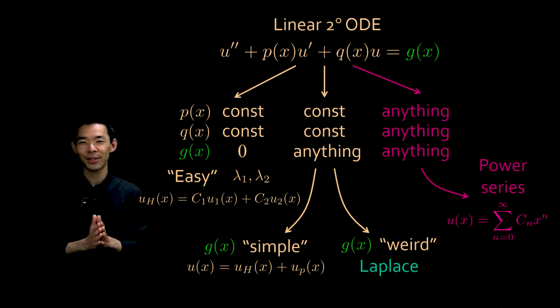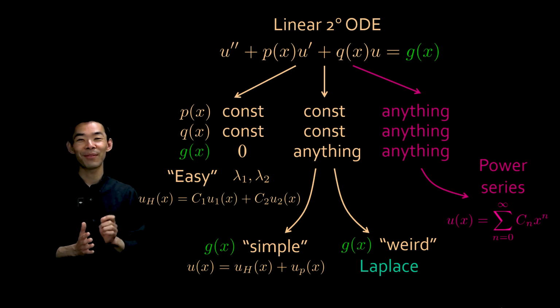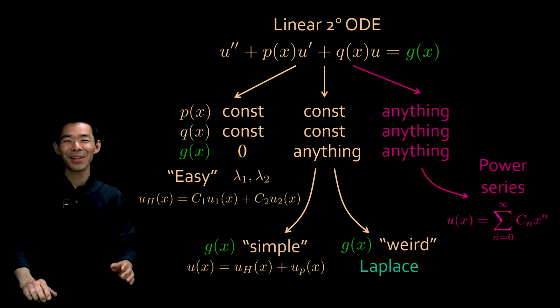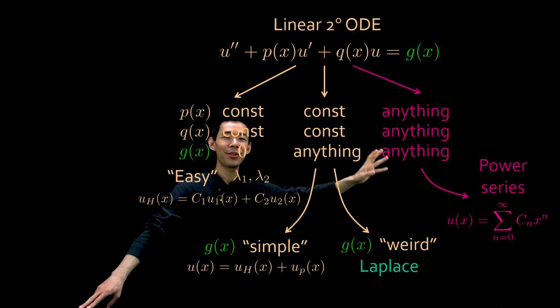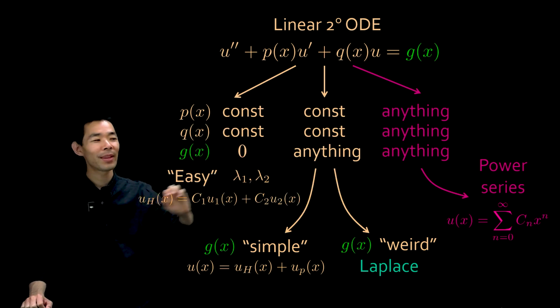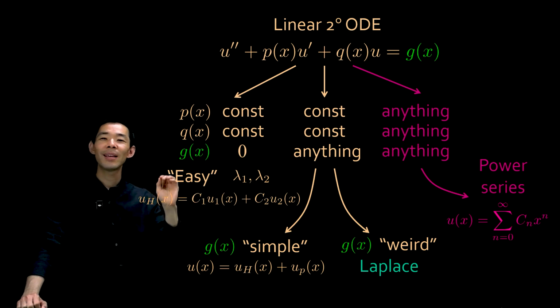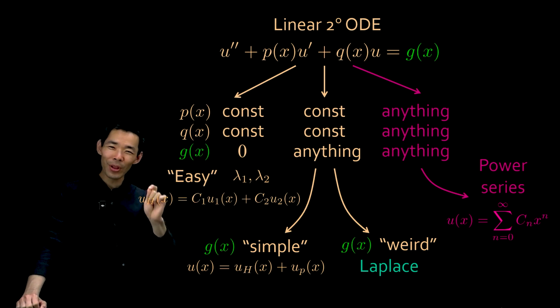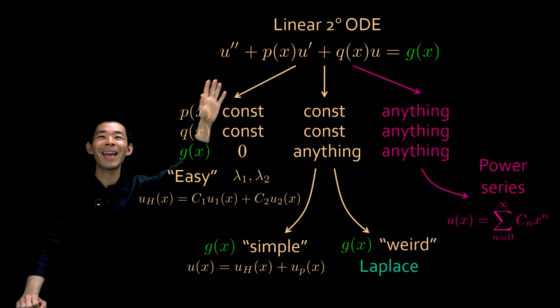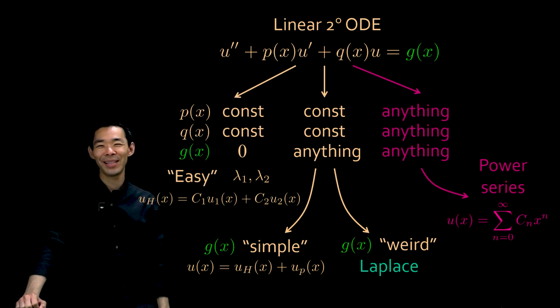That's called the power series, which is what we're about to cover right now. Once you know p, q, and g can be anything, the power series is going to be the method that will work for all cases. It's the bulletproof approach for solving any linear second-order ODE.